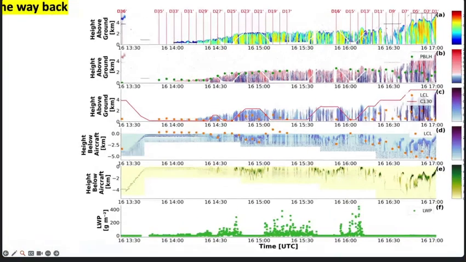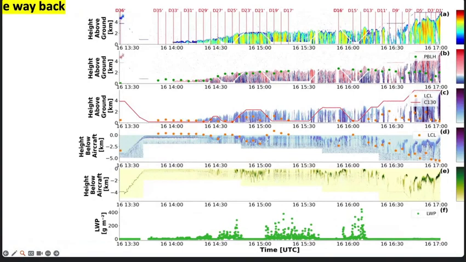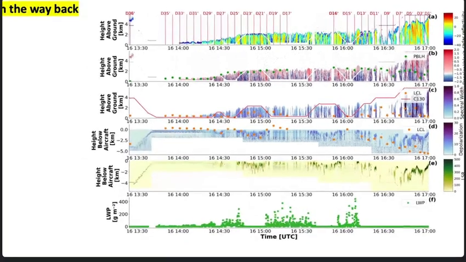And more importantly, on the way out, the aircraft always stays above the cloud top. But on the way back, we have a sawtooth pattern. We flew through the clouds, so we can have more interesting data here.